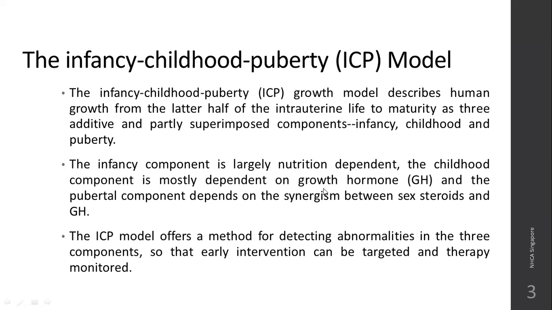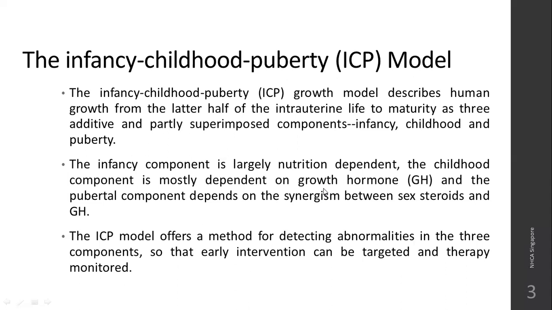So the ICP model offers a method for detecting abnormalities in the three components so that early intervention can be targeted and therapy can be monitored. With the help of this ICP model graph, if there is any slight deviation from the normal growth, immediately we can understand something abnormal is going on.